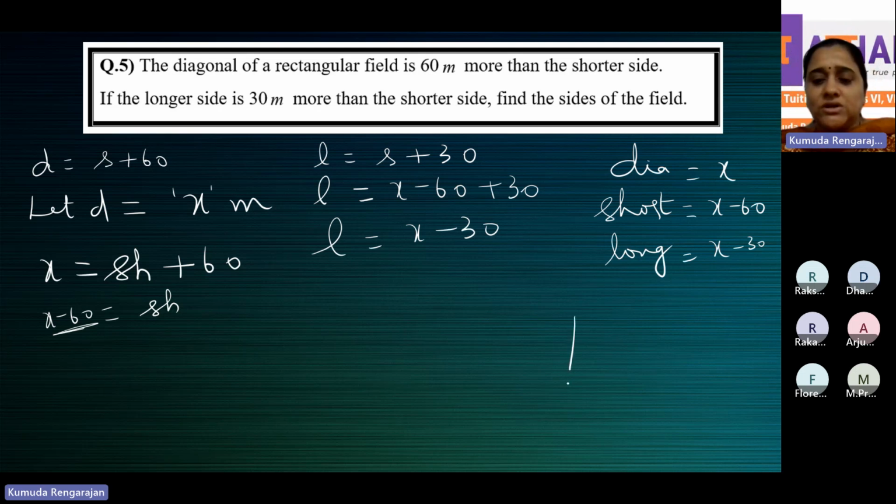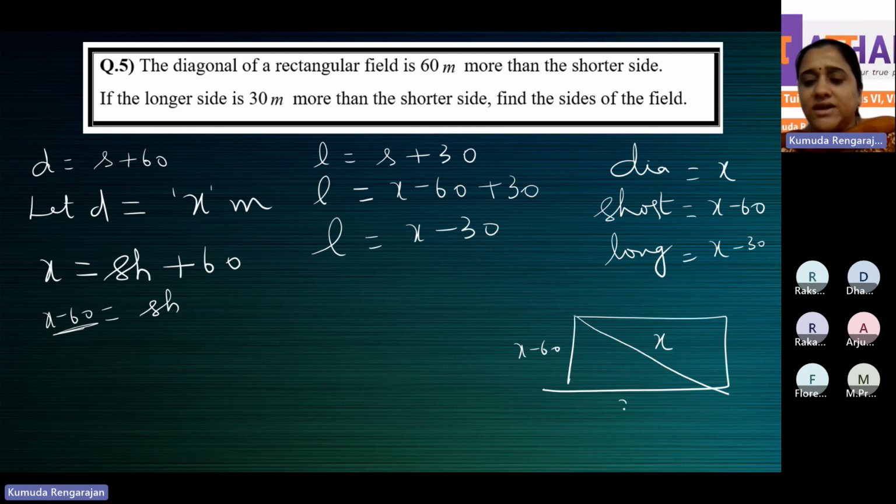Now coming to the equation, draw a rectangle. This is the diagonal. The diagonal is X. The shorter side is X minus 60. The longer side is X minus 30. Now for the equation, use Pythagoras theorem and construct it, solve and find the value of X. For the equation, there is nothing given here.